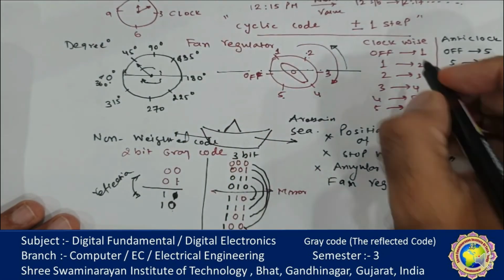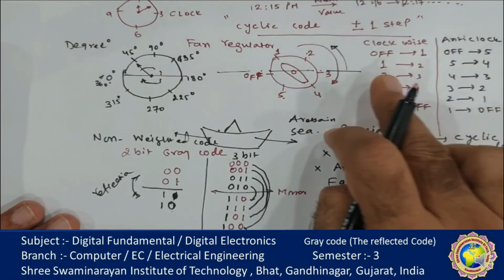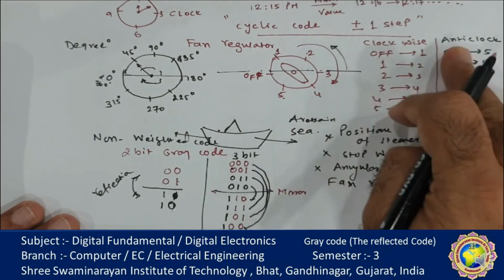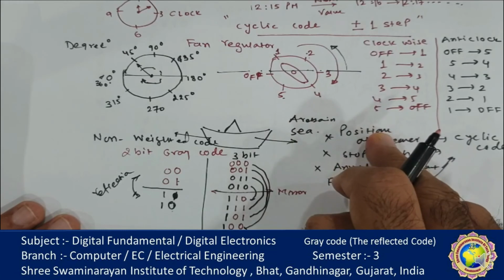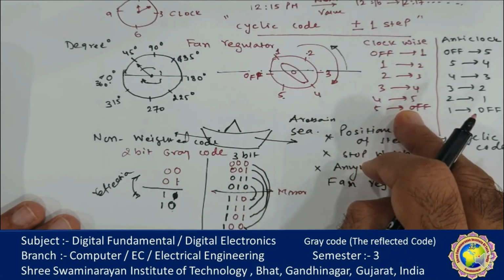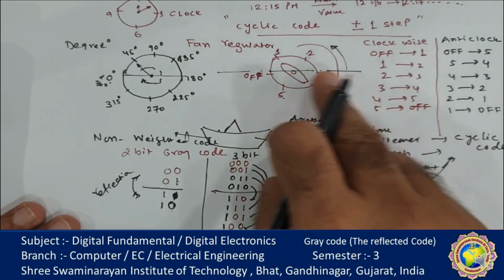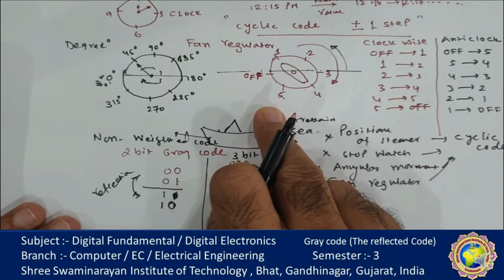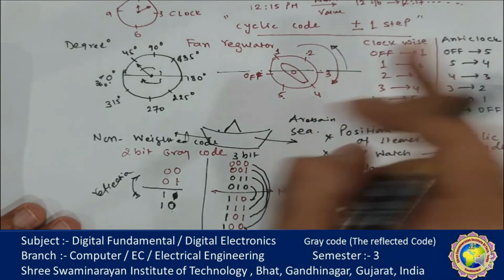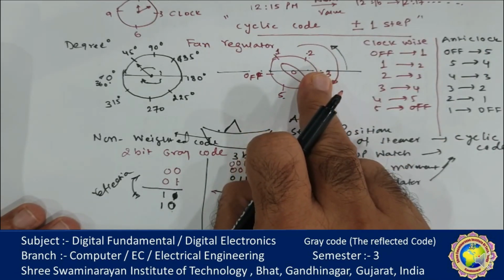Why? Because in this, only this transition is possible. Remember the thing, 1 to 5 or 1 to off condition, this is not possible. The signal is possible only clockwise or anti-clockwise, plus 1 or minus 1 from the present state.